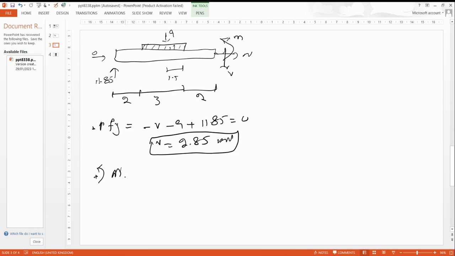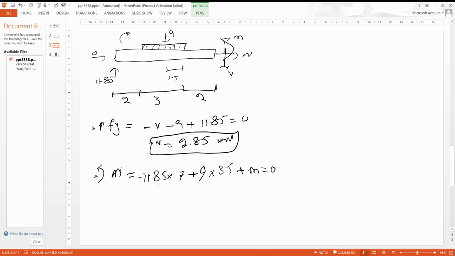This one is positive, and let me try to find the distance. 11.85 is going this direction, so it's negative, multiplied by the total distance, which is 7. Same with the 9, this one is negative. The 9 is going the same way, so it's 9 multiplied by 1.5 plus 2, so it's 3.5, plus M equals 0.